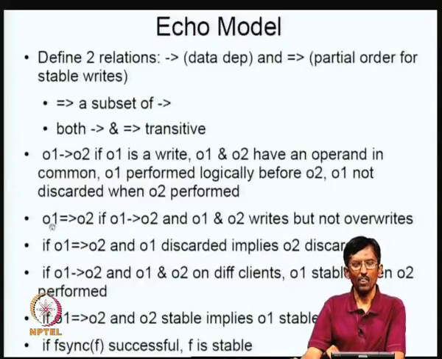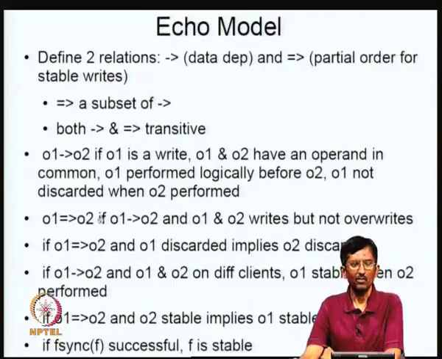If there is a partial order with respect to O1 and O2, what is this saying? Let us say O2 depends on O1, and O1 and O2 are writes, but not overwrites. What are we saying here?